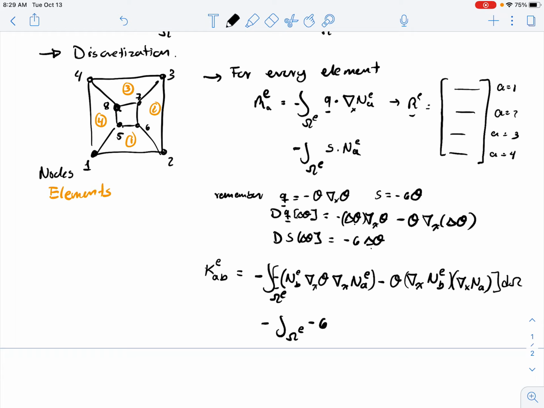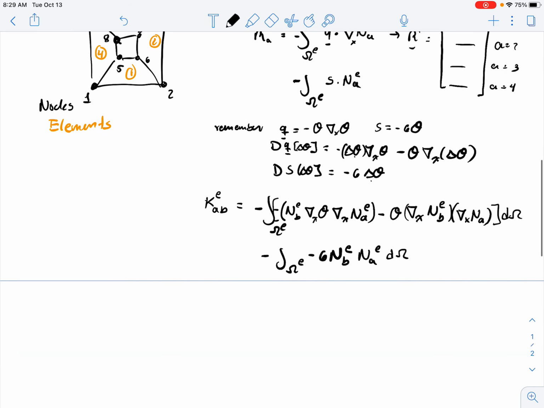So once you plug in the discrete increment, which is the sum of shape functions times the nodal values of the increment, and you take the increment out, you end up with just the shape functions. So here I'm going to end up with shape function B times shape function A. So this is the linearization of S times my original shape function A. And that's it. So that would be my tangent.